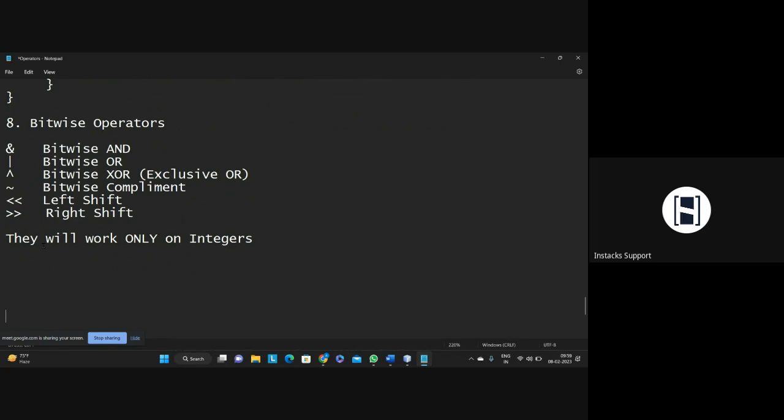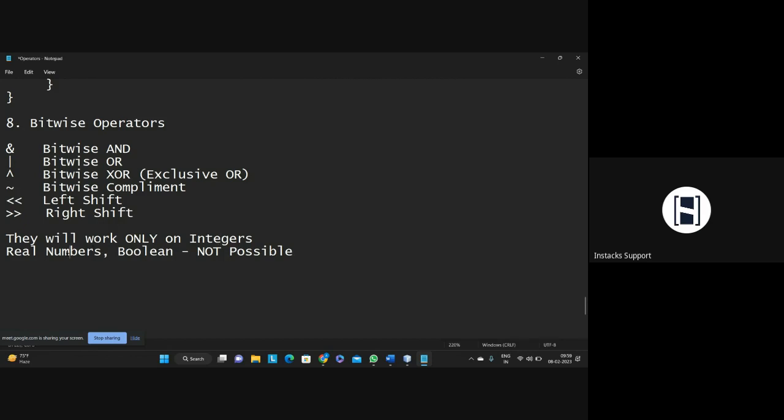They cannot work on any other data type, that is real numbers, Boolean, not possible. Integers means byte, short, long, int, everything. All those will work.